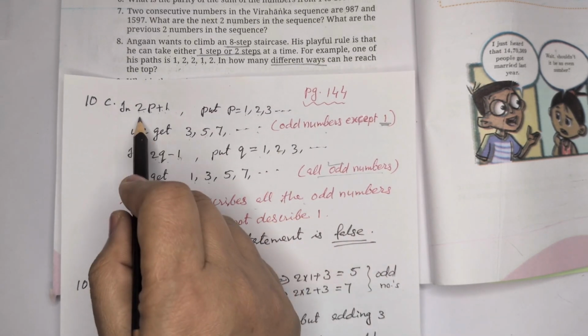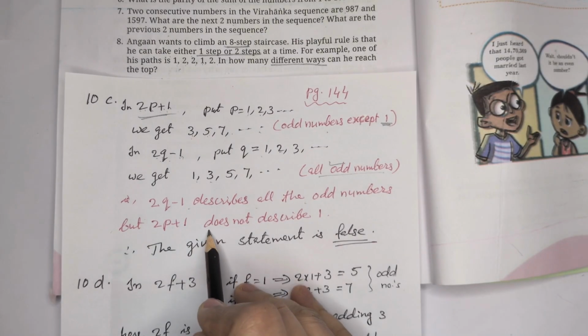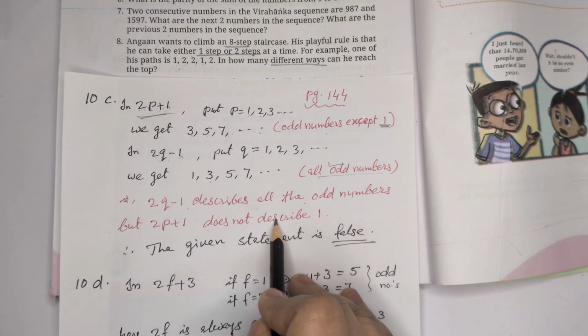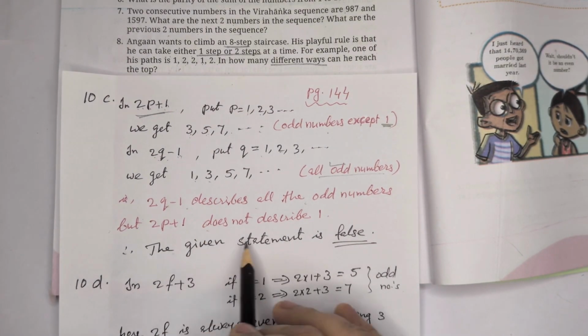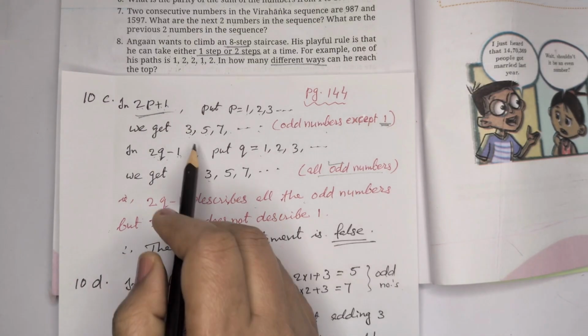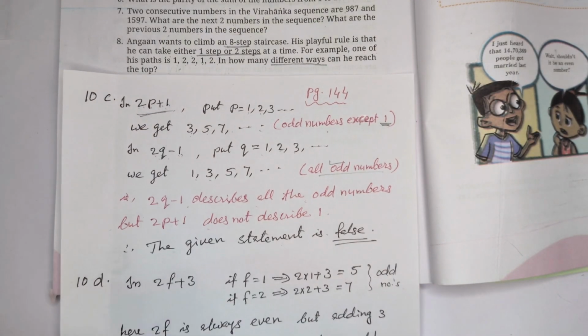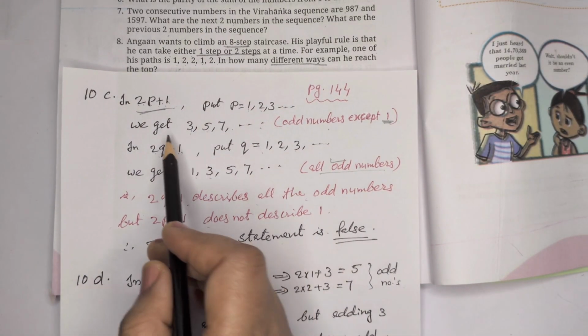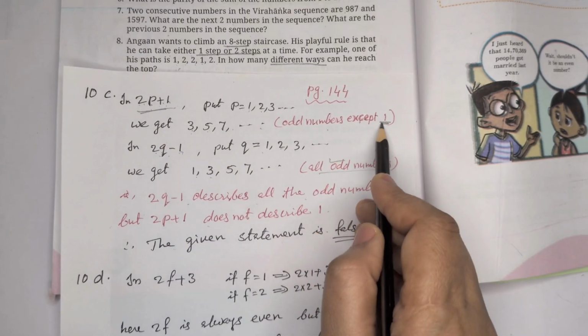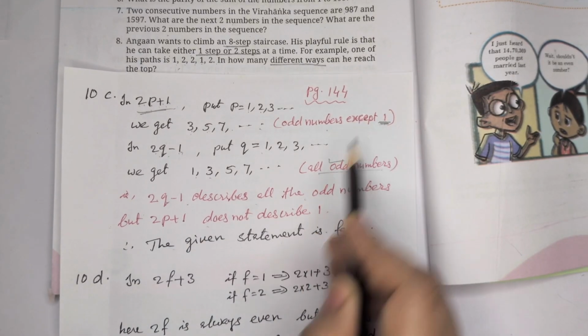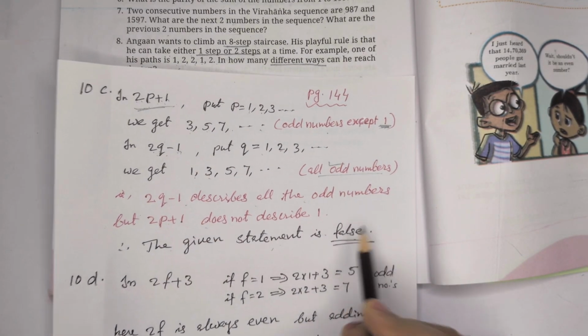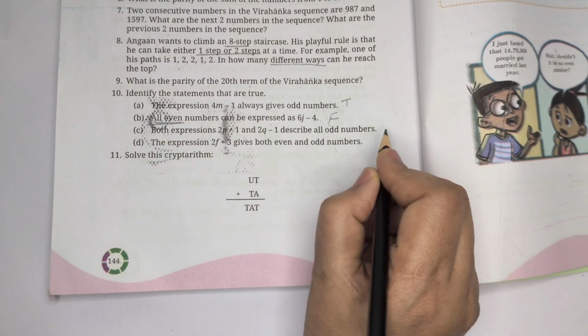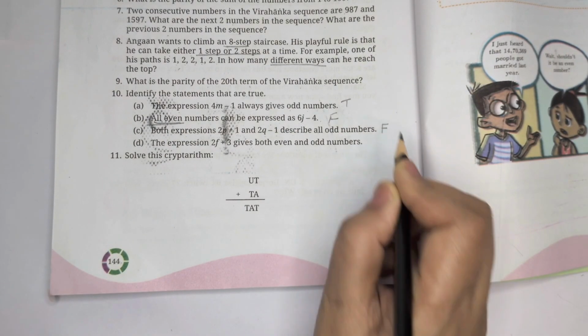But 2p plus 1 does not describe 1. Therefore, the given statement is false, because when we put the values for p, we are not getting 1. You can write here false.